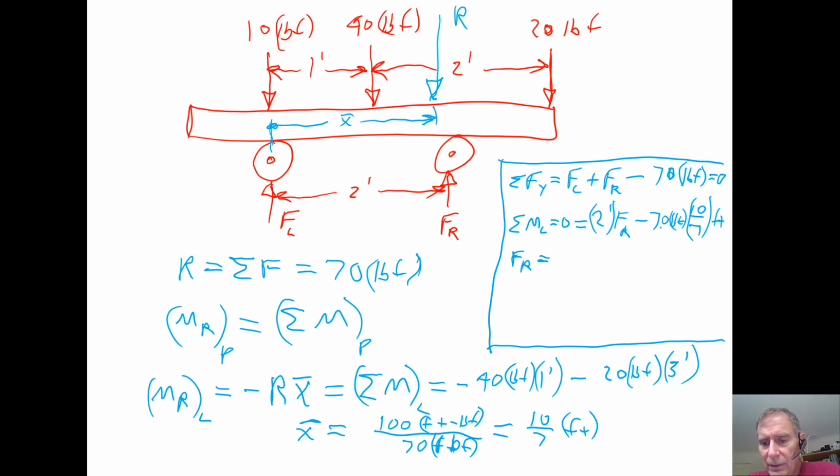So let's see, 70 times 10 is 700, divided by 7 is 100, and then that's divided by 2 feet, and so we end up with 50 pounds here. Okay, and then from the top equation, we can write that F sub L, they have to add up to 70, so this is 20 pounds.